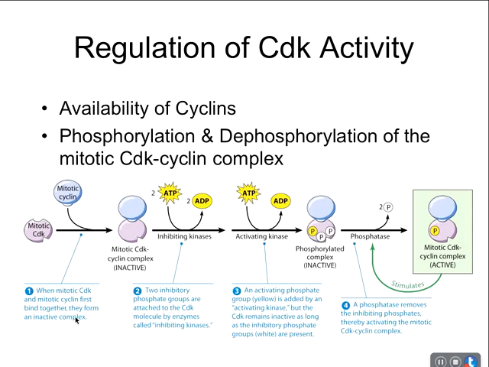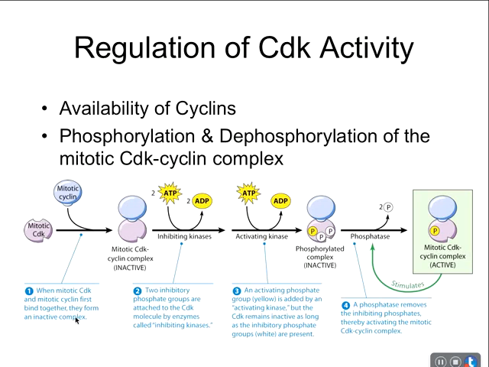So regulating CDK activity, of course, we know availability of the appropriate cyclin is necessary. If the cyclin doesn't bind to the CDK, CDK is not active. So here's the first level of regulation. Turns out that there are additional levels of regulation that have to happen for it to be activated. There are, interestingly enough, a number of different kinases that act on the CDK. And this is fascinating. There are inhibiting kinases and activating kinases.